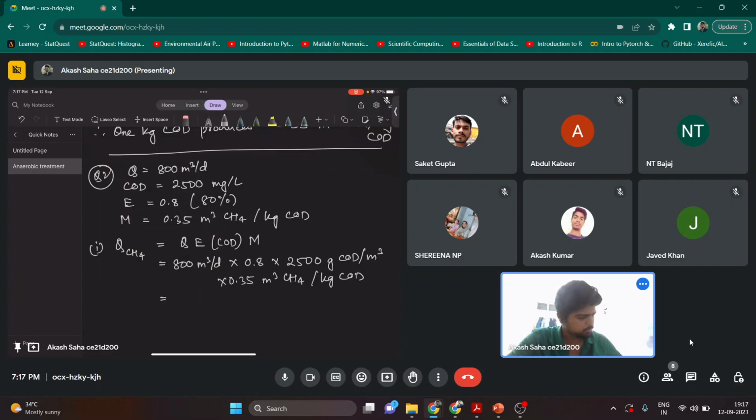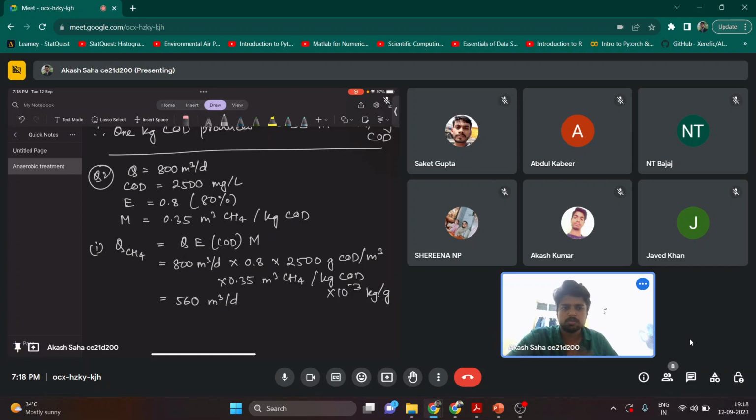And also we will have another conversion factor from gram to kilogram. So this is the total CH4 volume per day, which is the flow of CH4. So we will get it as 560 meter cube per day. If it had been only meter cube, then we would have said volume of CH4, but here it is the flow of CH4, that is 560 meter cube per day.